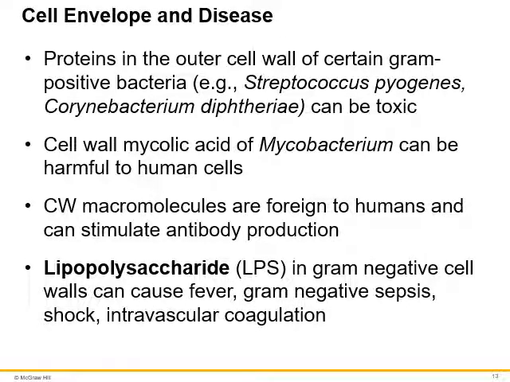Now, I also have in my cell wall of some bacteria proteins that are considered virulence factors. These proteins enable the bacterium to be more pathogenic, to be more capable of causing disease. Now, Streptococcus pyogenes, this means pus former, can have in its cell wall a protein called M protein, which is antiphagocytic.